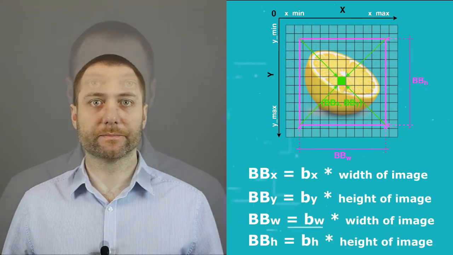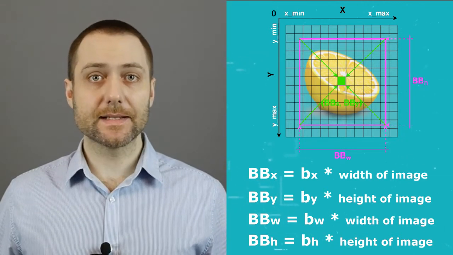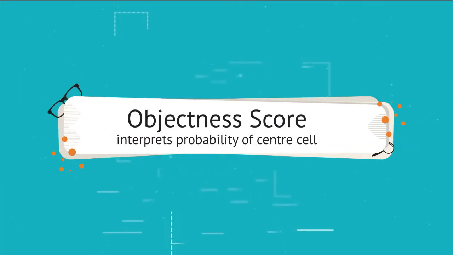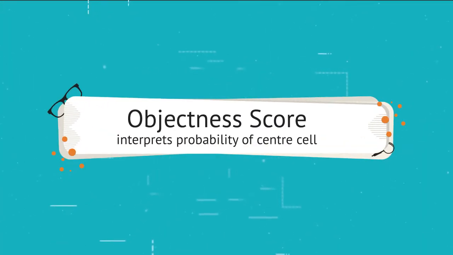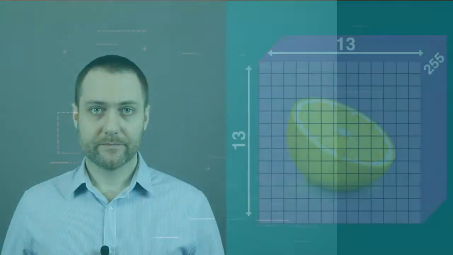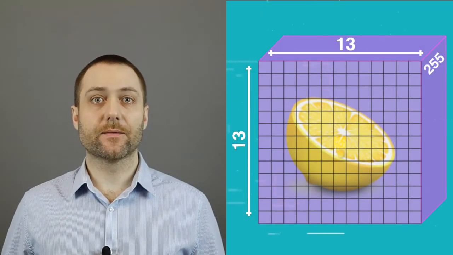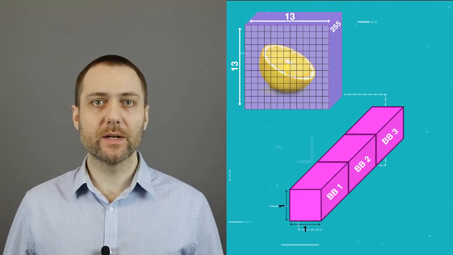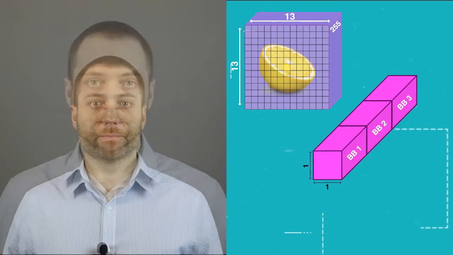Let's move now to the next topic and interpret what the Objectness Score is. We already discussed that for every cell, YOLO version 3 outputs bounding boxes with their attributes.